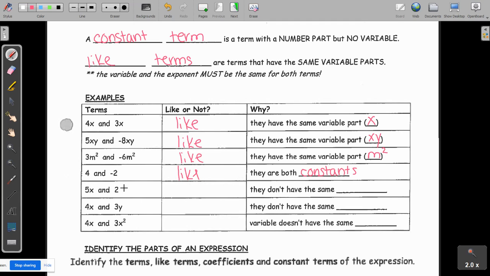Now we have 5x and 2. Here, this is not like. They're not alike because they do not have the same variable. There's no variable for the 2. Now we have 4x and 3y. We have an x and a y. They're not the same variable, so these are unlike, so not like.